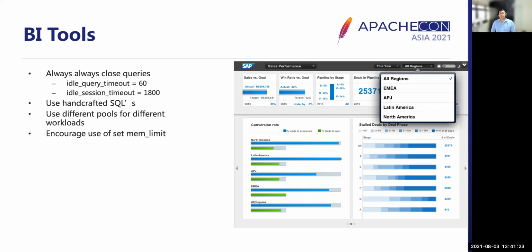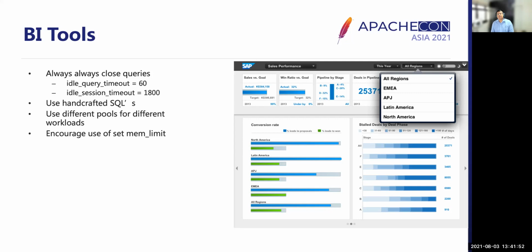We recommend proper settings in Hue, proper settings in other JDBC web-based applications, where you should always set idle query timeout and idle session timeout, and thereby these queries would be closed after the query and the session timeout. This allows Impala coordinators to free up resources and not continue to leave the queries running, waiting for the client to basically fetch more data.